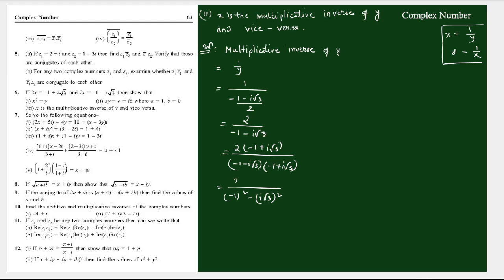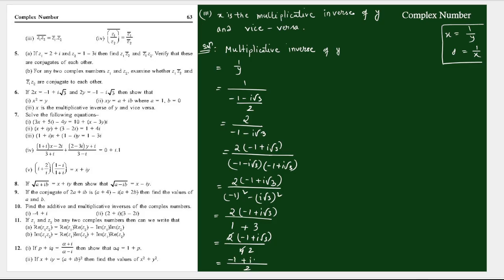Okay, we'll keep this for a while. Minus 1 squared is 1. It becomes plus, right? i square is minus 1. So root 3 is minus 1 plus i root 3. This is 4. 2 cancel. So you get how much? Minus 1 plus i root 3 by 2.